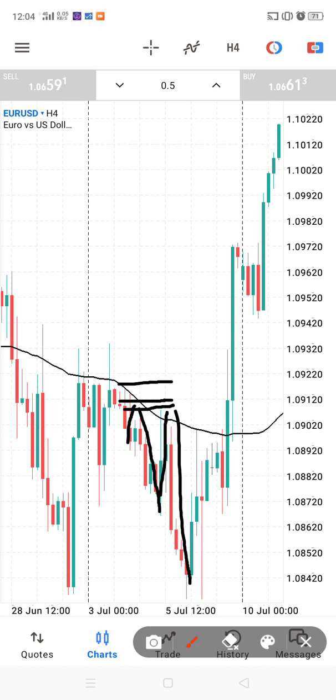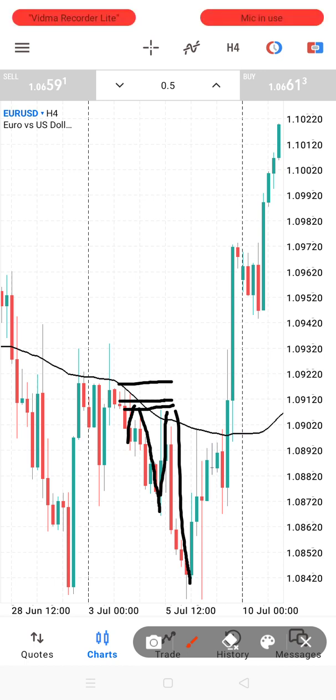Then they need to retest that area to fill some other orders that are still inside that area right there. Okay, so we need to take advantage of this.